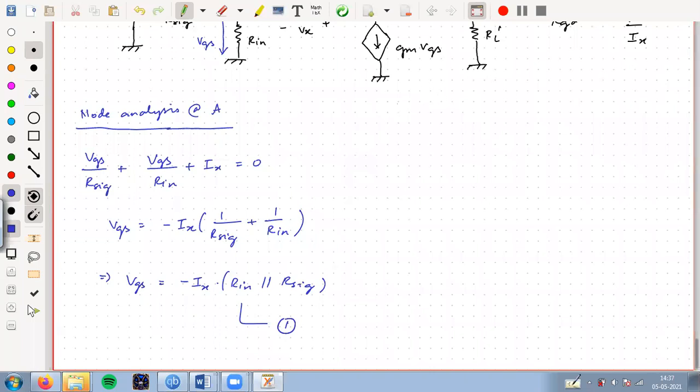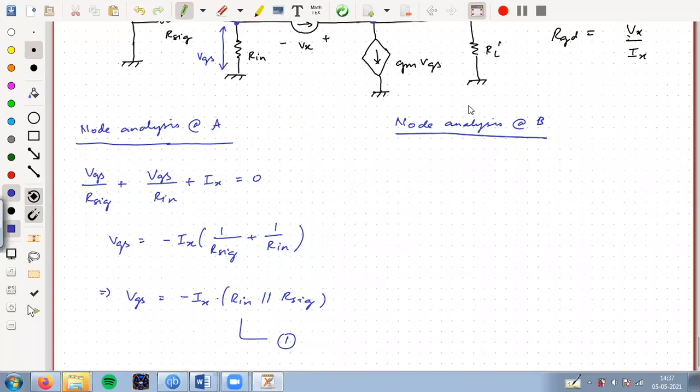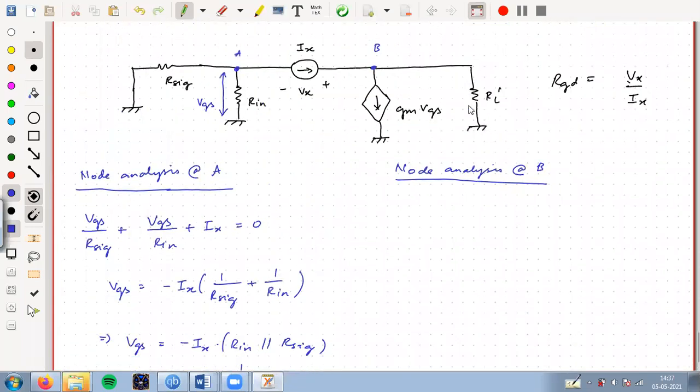Next, nodal analysis at point B. If you look at point B, the current entering point B is Ix, and the current leaving is Gm into VGS. So I can write Ix equals Gm VGS plus the voltage at point B divided by RL prime. The voltage at point B would be the summation of VGS and Vx.